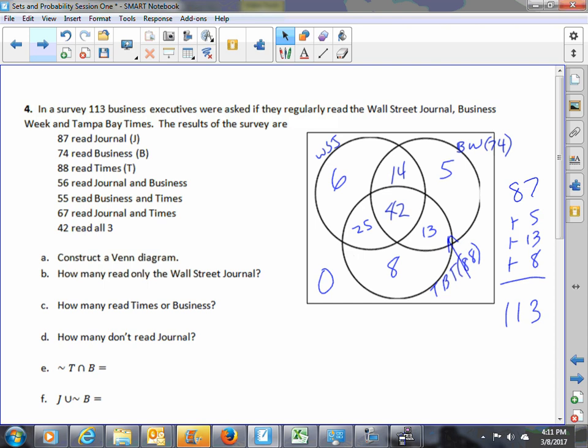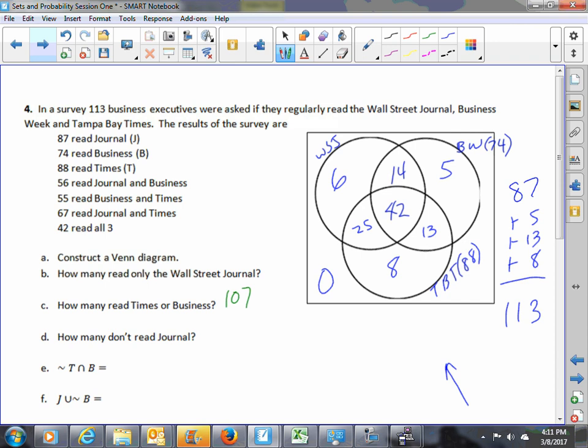It might be easier to just note that if you added all of these numbers together, there would only be one more number to add, because this is 0, to get 113. So if we subtract 6 from 113, we would get 107 actually read the Times or the Business or both.